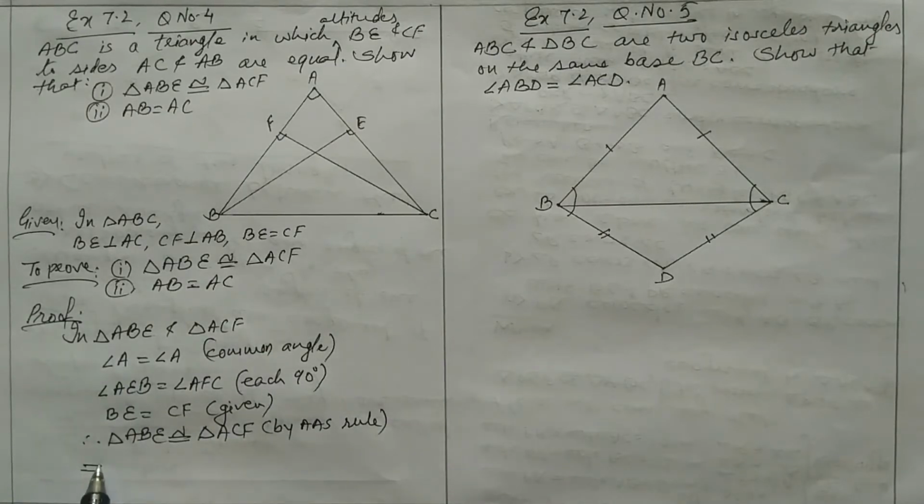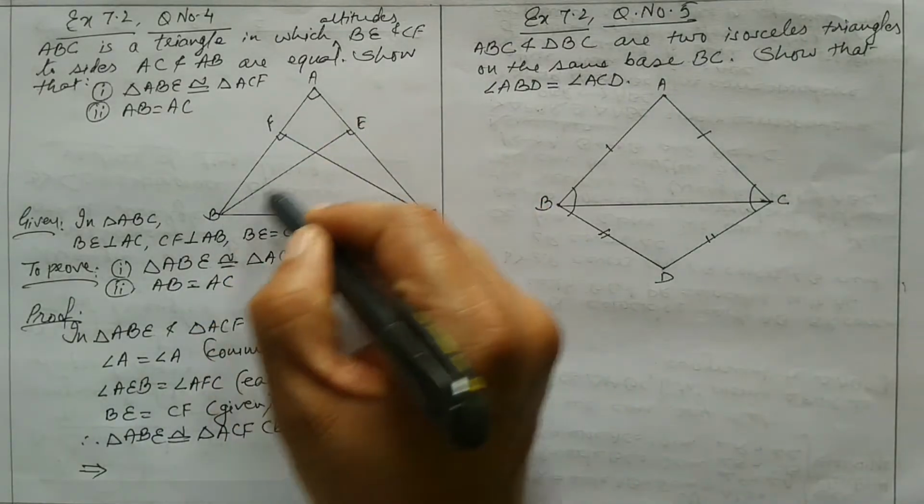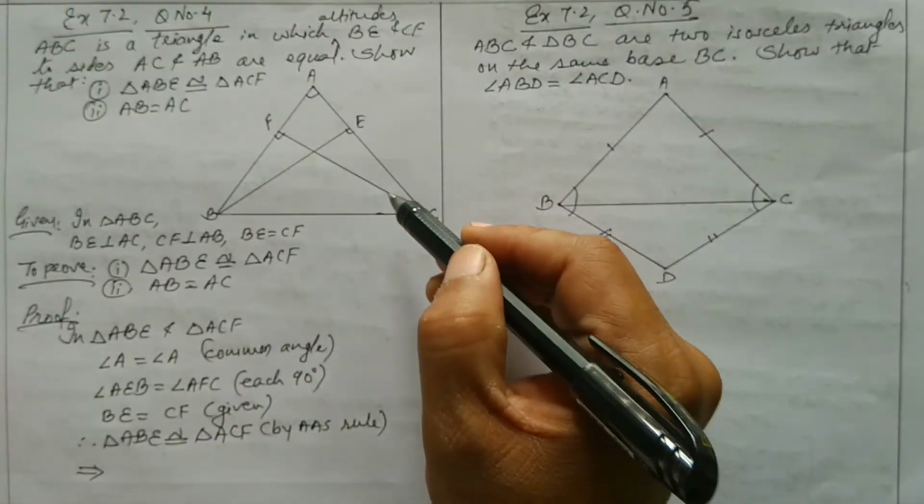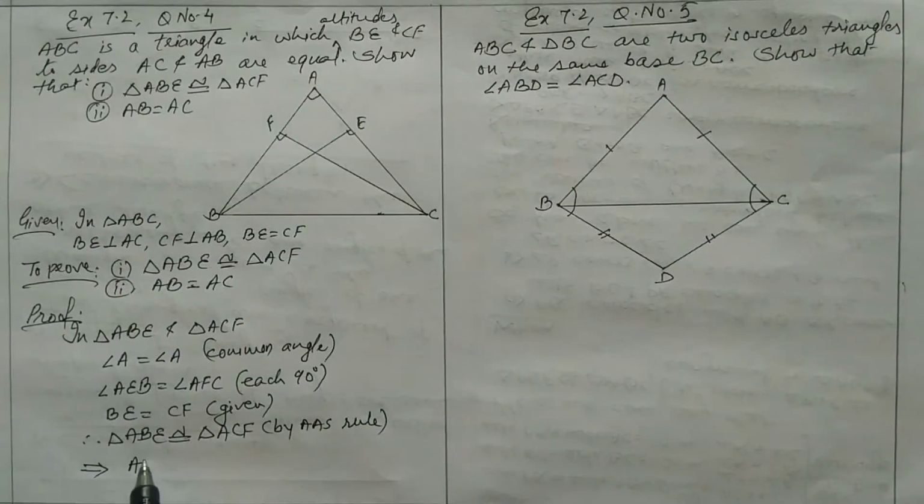It implies that if you have proved triangle ABE is congruent to ACF, therefore AB is equal to AC. Reason: by CPCT, corresponding parts of congruent triangles. Hope you have understood question number 4. Let us come to question number 5.